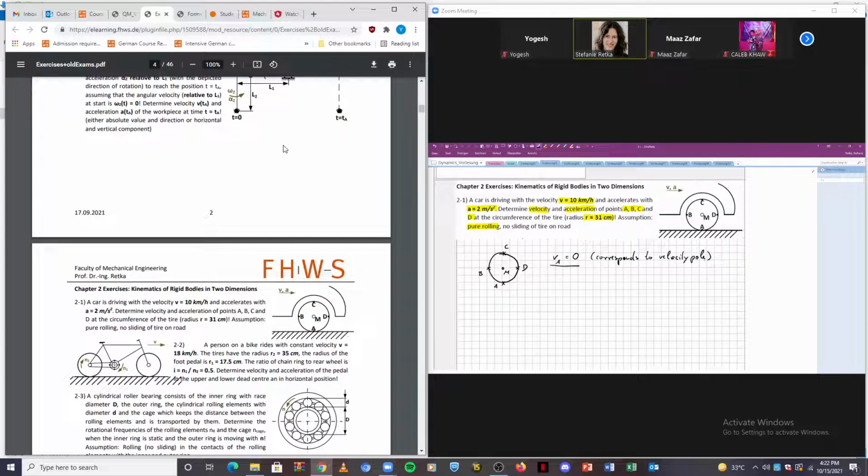For the points B, C, and D, we first need to find the angular velocity omega if we want to solve this problem using the velocity pole approach. So how can we do that? We have the velocity and the acceleration of the car, which is given.